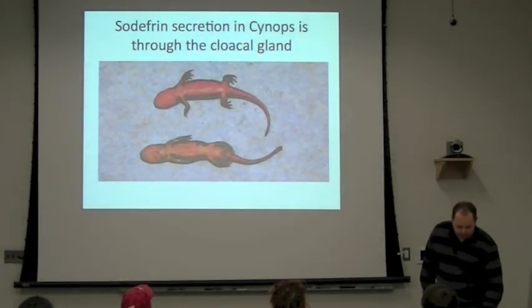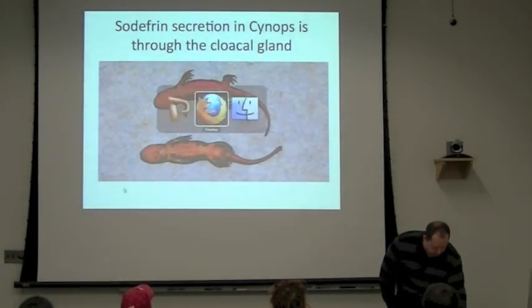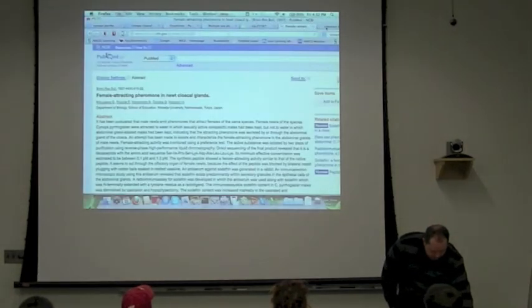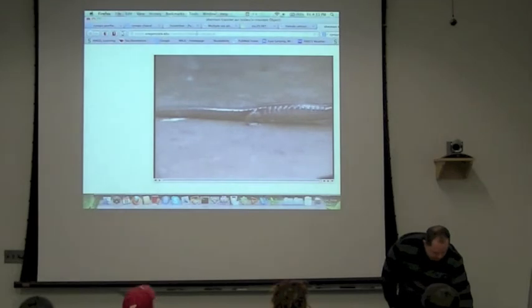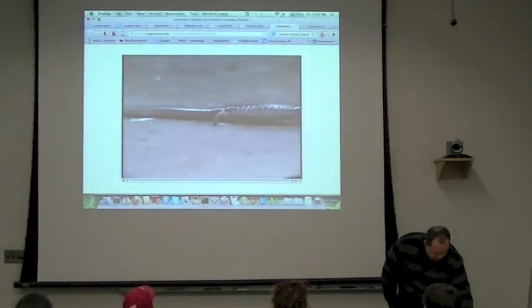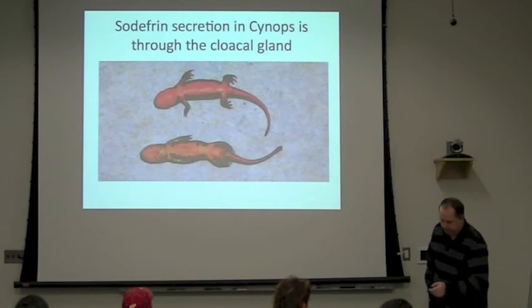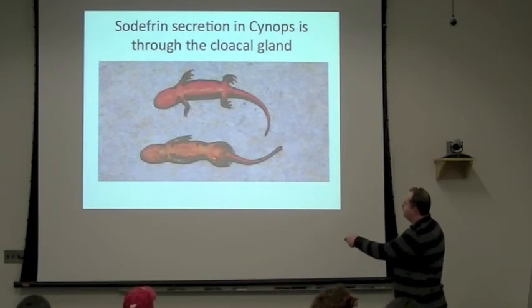I do want to show one thing before I'm done. This is just a video that comes from Steve Arnold's lab. The picture I showed a second ago shows the red fire-belly newt, and this is the cloacal gland of the male.